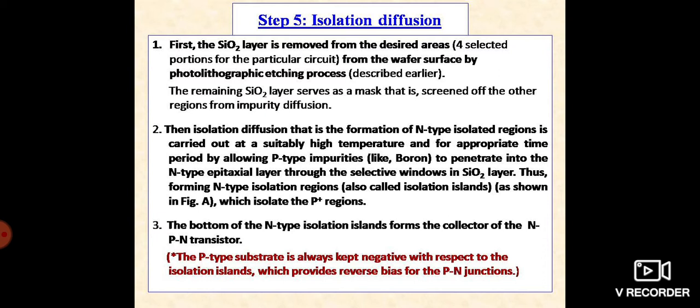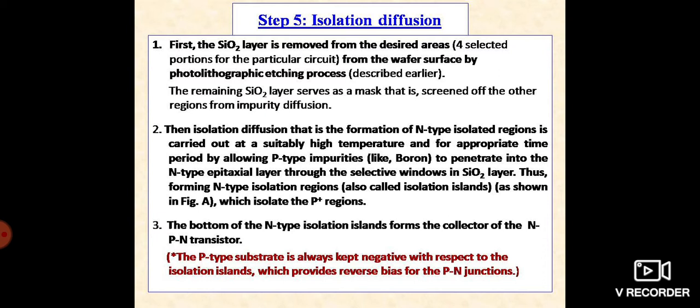P plus regions. See point 3, the bottom of the N-type isolation regions forms the collector of the NPN transistor. I have shown you the circuit which we want to fabricate in the monolithic IC form, and that circuit consisted of an NPN transistor, 2 PN junction diodes and a resistor.